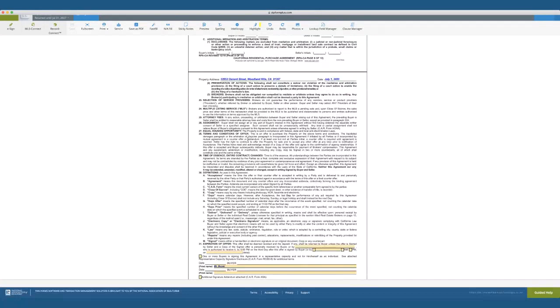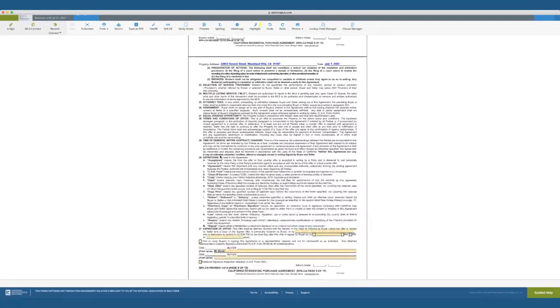Then it goes into some definitions. Here's an important clause that is in every contract. Time is of the essence, meaning it has to be a give and take. There is a time frame on this agreement. Everybody has to be performing according to the time frame that is in this agreement.